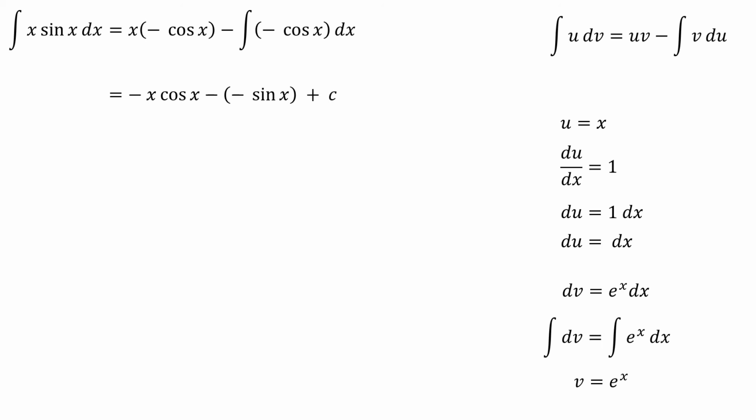Hey, we've got that plus c. Don't forget about the plus c. And it looks like I've got subtracting a negative x, that becomes a positive. Right? So there's our answer. Negative x cosine x plus sine of x plus c.